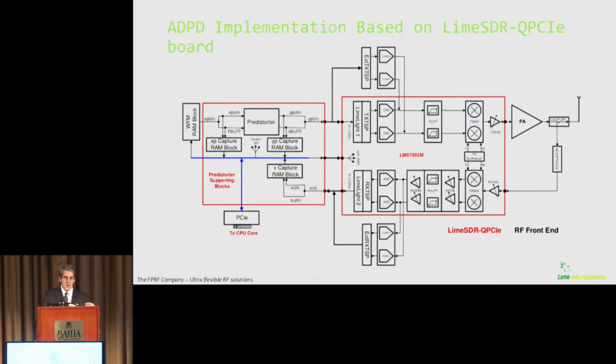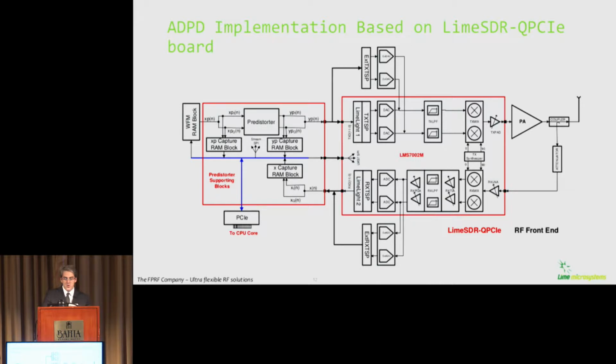It has two transceiver chips called LMS7002M, and each chip is 2 transmit, 2 receive. So it's 2 by 2 MIMO. That board is used for the implementation of the predistorter block. In fact, the board offers many possibilities.